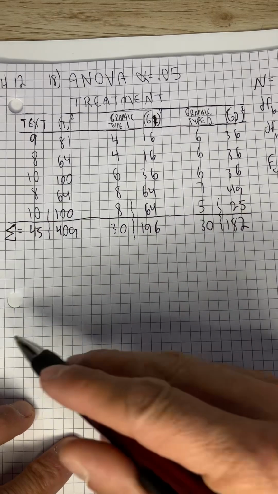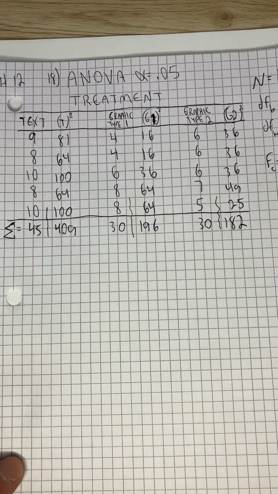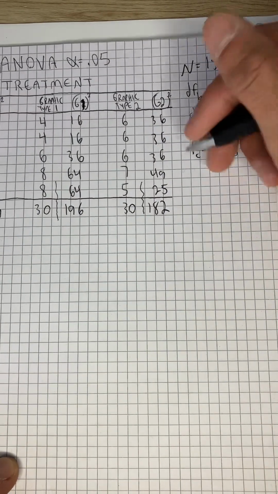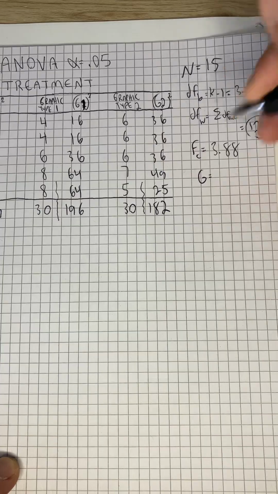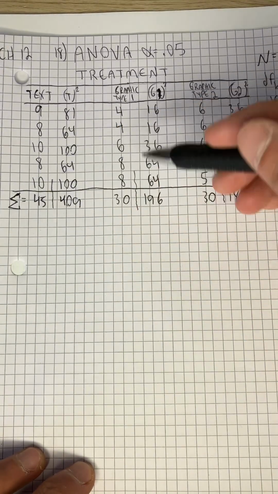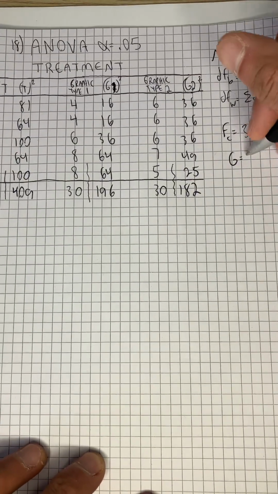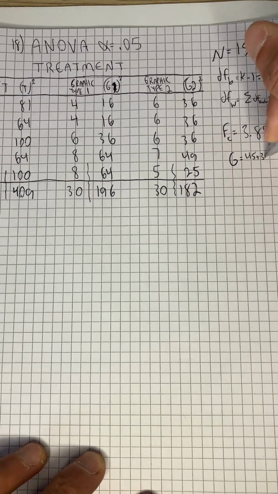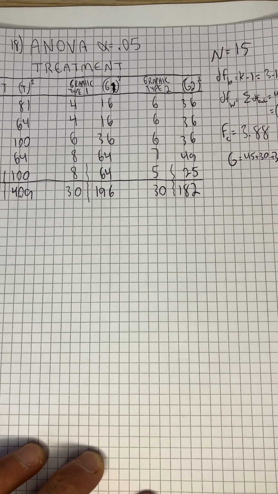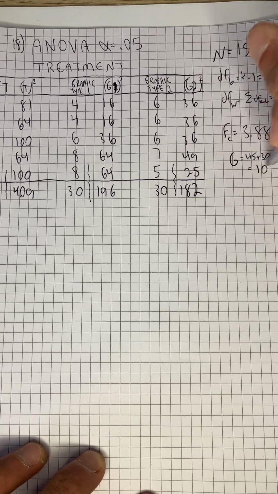Once I figured these out, I can get the grand total, which is one of the pieces of information I'm going to need. The grand total is the sum of all the values, so it would be 45 plus 30 plus 30, and that equals 105.